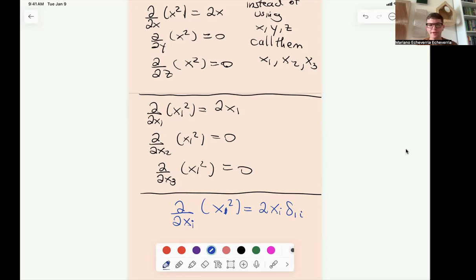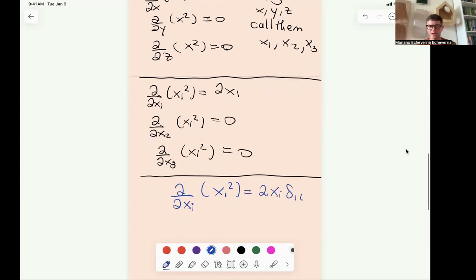Take some time to convince yourself that it means the same. It's always easier to think about the 0 case: if the index is not 1, that gives you 0, and automatically whatever else you had is 0. And if the index is 1, delta 1 1 is 1, and so this becomes 2x1.